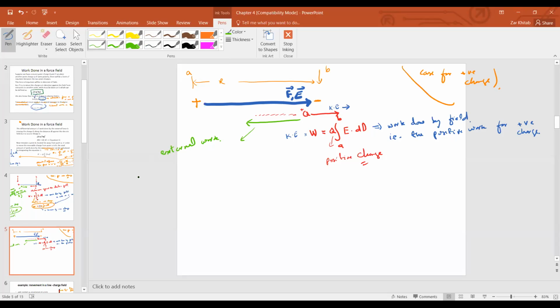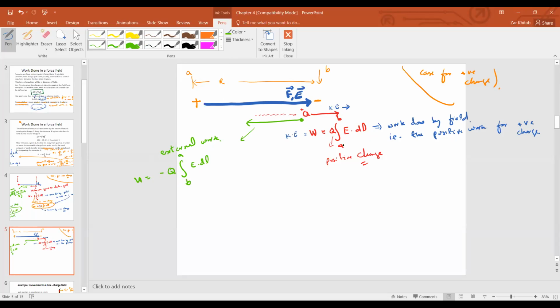And how much would it be? W equals minus Q times the integral of E dot dl. What should be the starting point? It's from point B to point A.